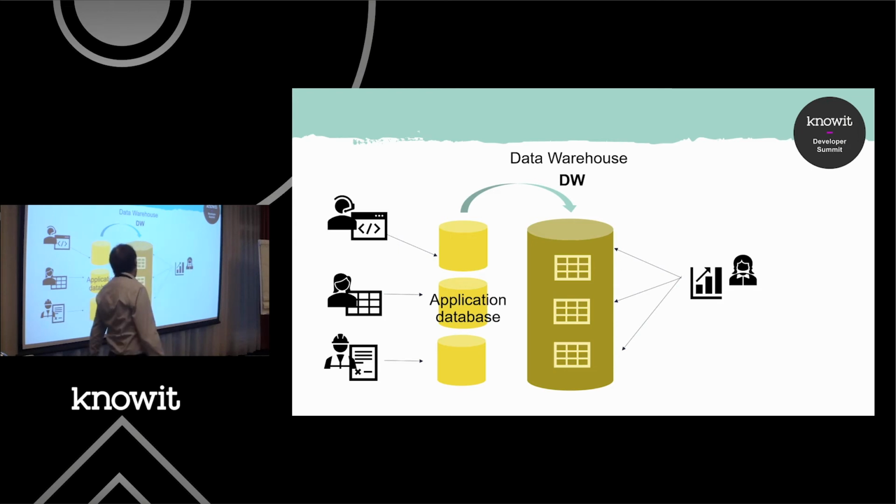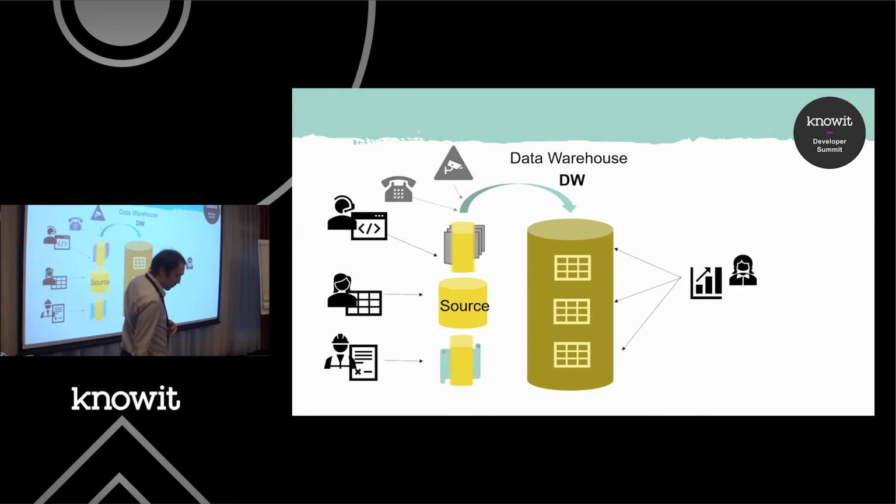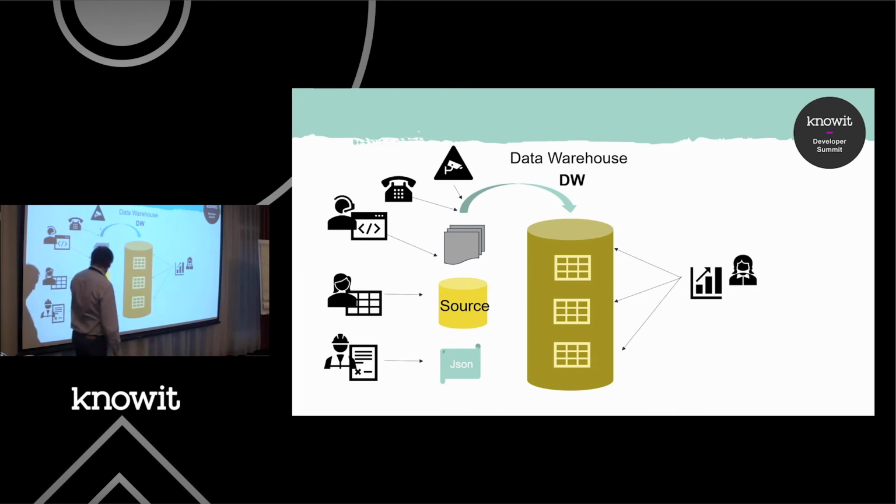Actually, I can tell you that the real name for this kind of application database in BI is not application database, it's source. And you wonder why? It's because it doesn't need to be a database. It can be JSON files, or maybe flat files, text files, or maybe a phone system sending registration of how many minutes were called, or a camera system, maybe registering people getting inside.